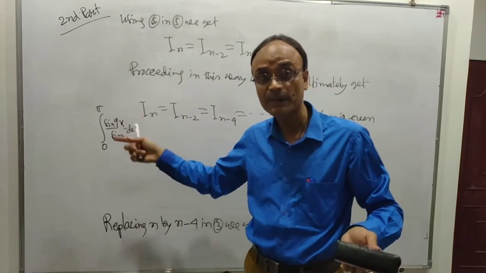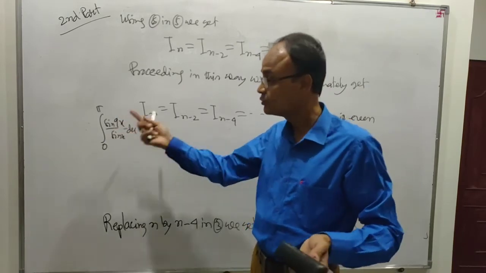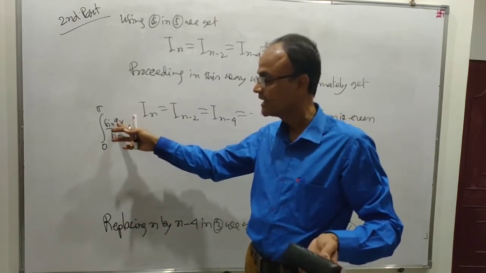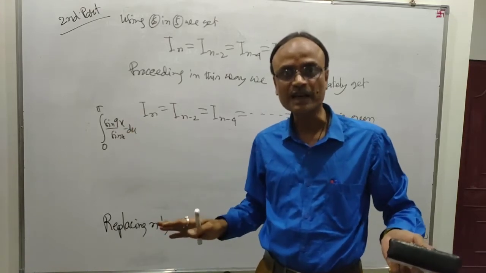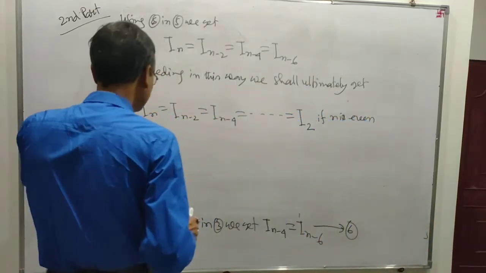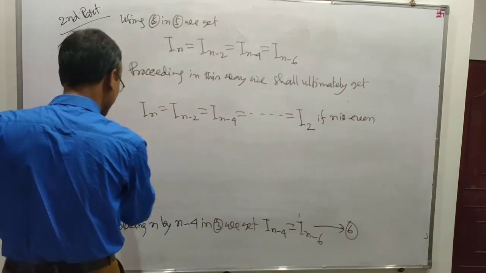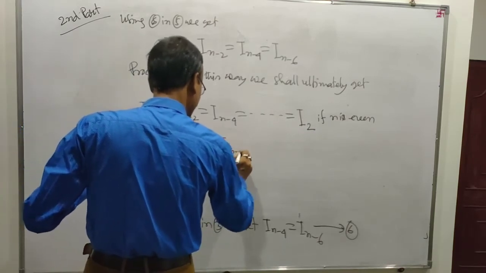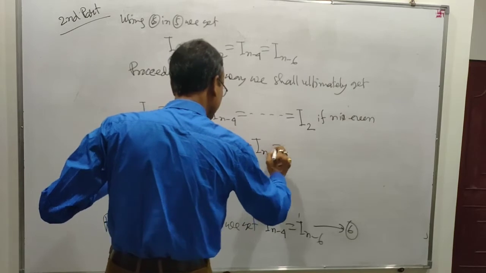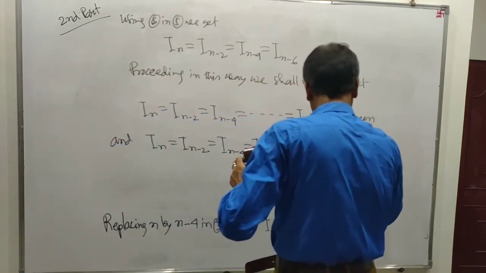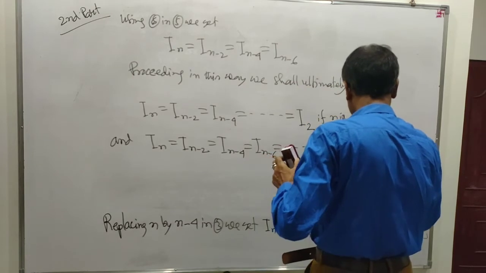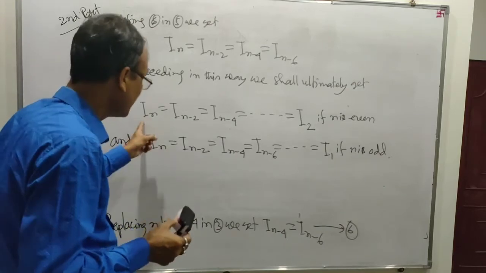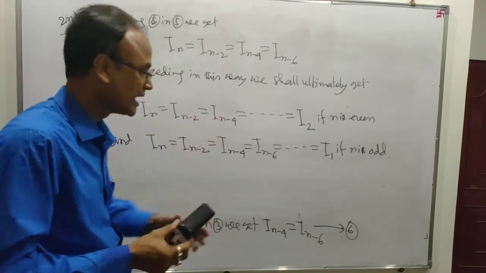Next term will be sin 5x divided by sin x, I_5. Next will be sin 3x divided by sin x, I_3. Next will be sin x divided by sin x, that is 1, I_1. So I_n equals I_2 if n is even, and I_n equals I_{n-2} equal to I_{n-4} equal to I_{n-6}, like that, down to I_1 if n is odd. If n is even, I_n equals I_2. If n is odd, I_n equals I_1.